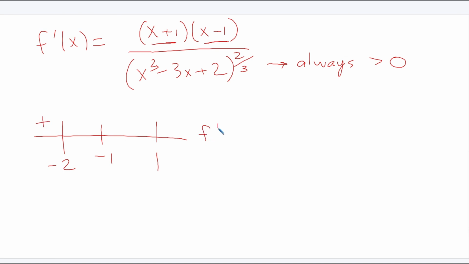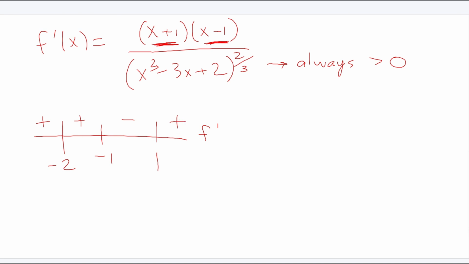If I plug in something between negative 2 and negative 1, like negative 1.5, the first term, negative 1.5 plus 1, is a negative, and the second term there is also a negative. So I end up with a positive again. Then if I plug in something between negative 1 and 1, like 0, I get a positive times a negative, which is a negative. And if I plug in something more than 1, like 1,000,000, I get 2 positives, which is a positive.